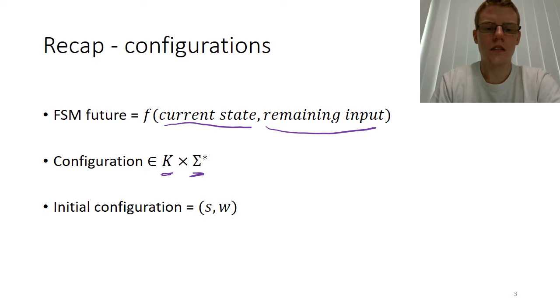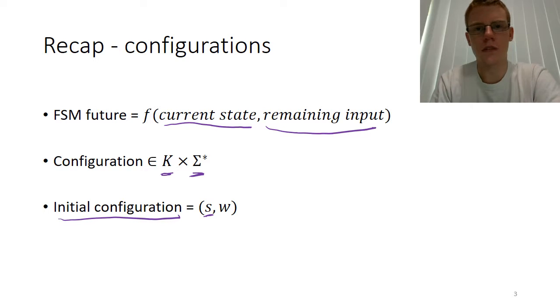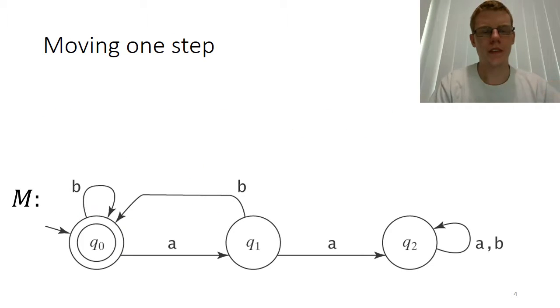We can see then that we can specify the start of a machine easily with an initial configuration, which is obviously the start state, because that's the state that we always start our finite state machines in, and whatever the input to that finite state machine is, because it hasn't processed any input. So to go over the concept of a configuration and moving between configurations a little bit more, let's use a concrete example.